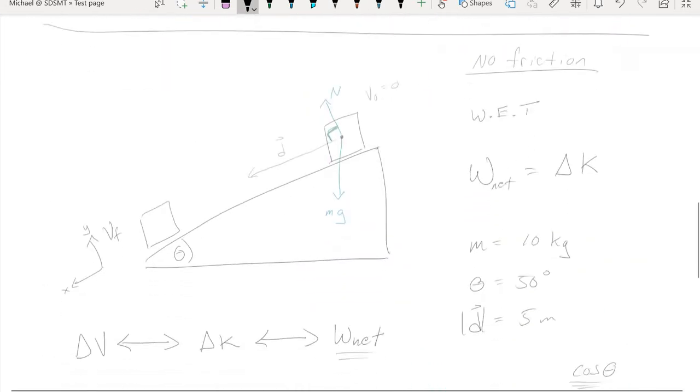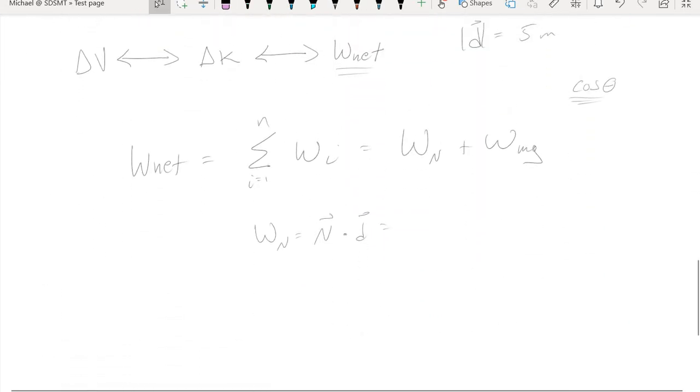Since I already know what the angle is between these 2 vectors, I'm going to go the angle route. Specifically because that angle is 90 degrees, and that's going to give me 0 work. It doesn't even matter what the normal force is or what the displacement is. The angle between those vectors is 90 degrees. The normal force does not do any work.